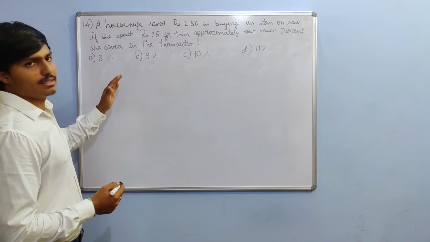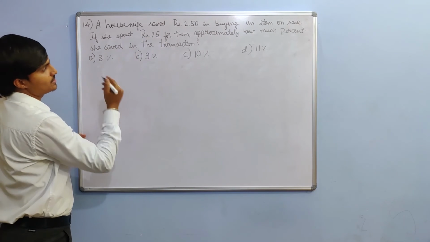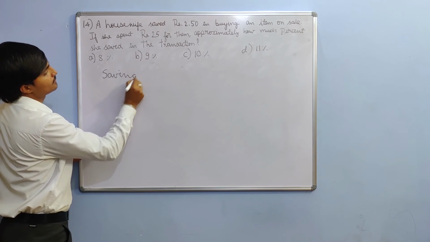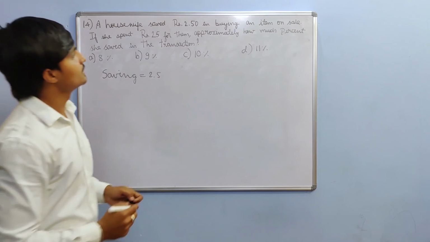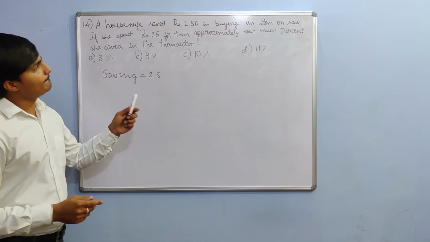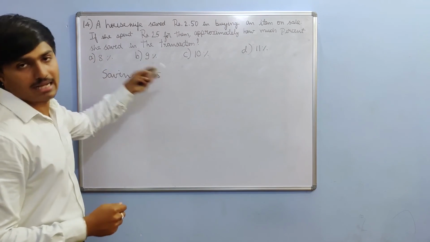From the question, it's given that a housewife saved rupees 2.5. It means her savings is 2.5 rupees. If she spent rupees 25 for them, approximately how much percent she saved in the transaction?